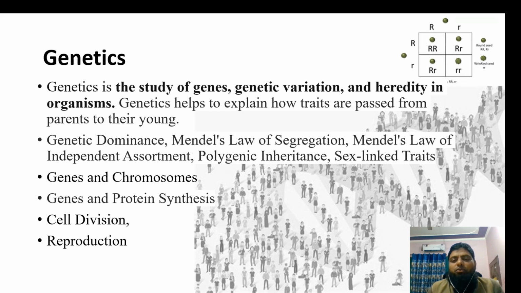There is polygenic inheritance, and then there are certain sex-linked traits, and of course, all the genetics is related to genes and chromosomes, and the expression of genes in the form of protein synthesis, and then how these traits are transferred to the newly dividing cells, and how these traits are transferred from the parents to the offspring.